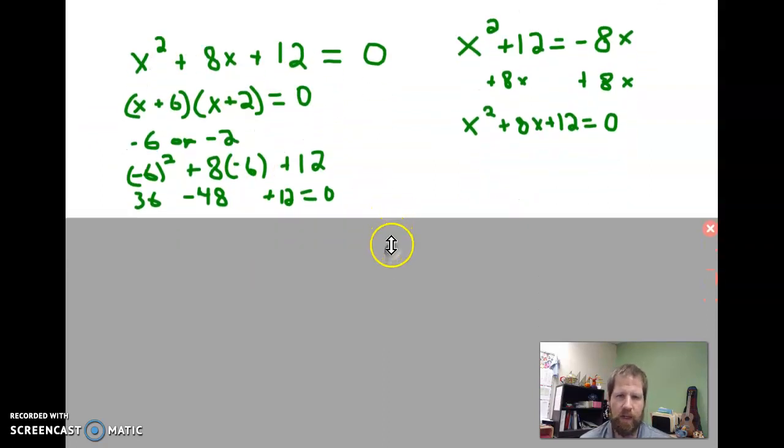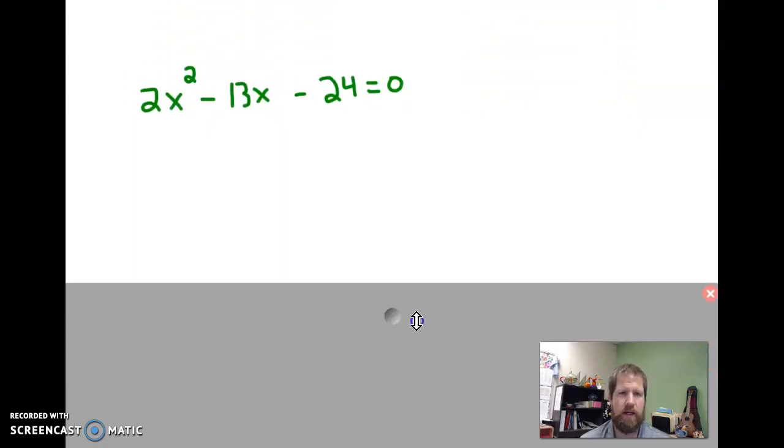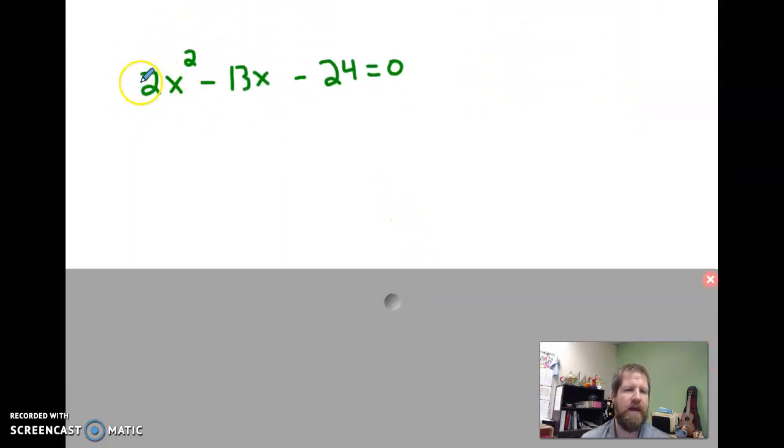Now, if we go on to one that's a little more complex, it's more complex because we've got that coefficient on our first term. That leading coefficient just makes the factoring more difficult. We've got to go back to factoring by grouping.